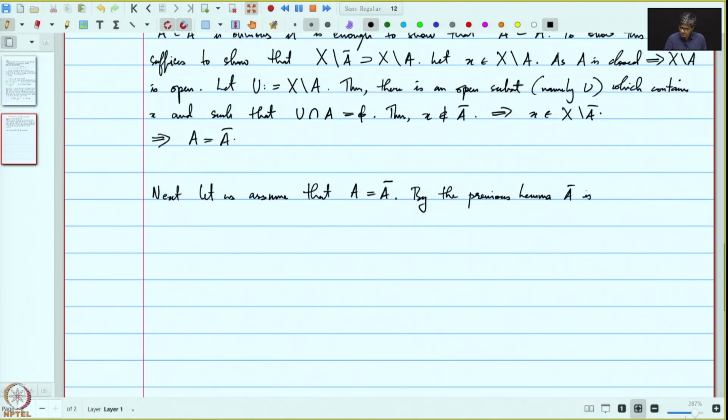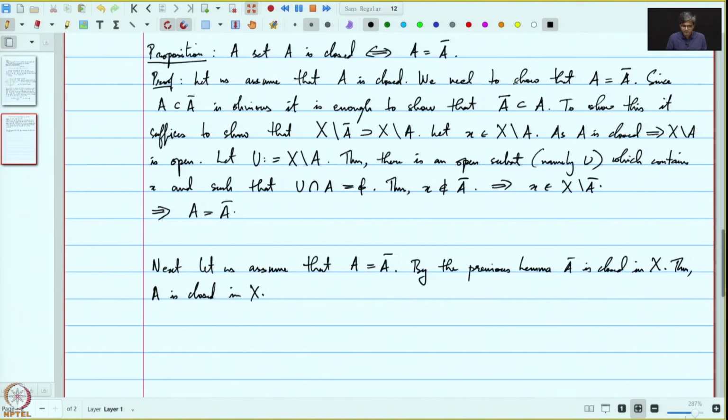A bar is closed in X, right? And since A is equal to A bar, so thus A is closed in X. Which is exactly what we wanted to prove, right? We wanted to show that A is closed. Right? So this completes the proof of the proposition.